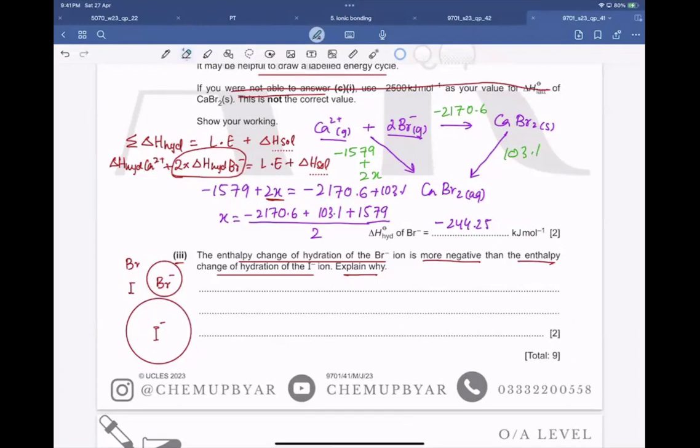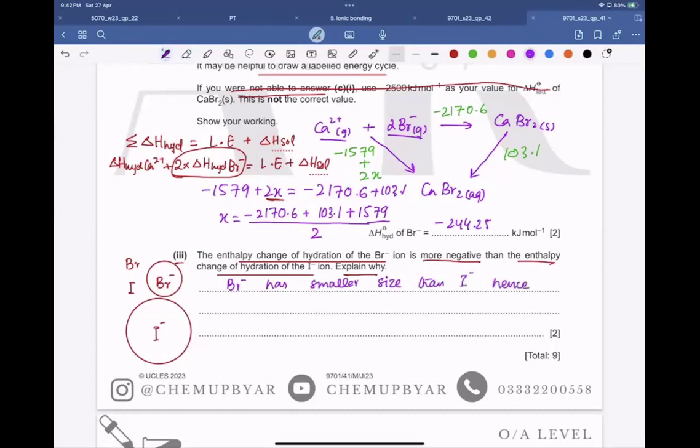Or you can explain it in terms of bromide ion as well, that bromide ion has a smaller radius, but the same charge as iodide. So there are stronger attractive forces between the bromide ion and the water molecules, because in hydration, they dissolve in water, right? So bromide ion has a smaller size than iodide.